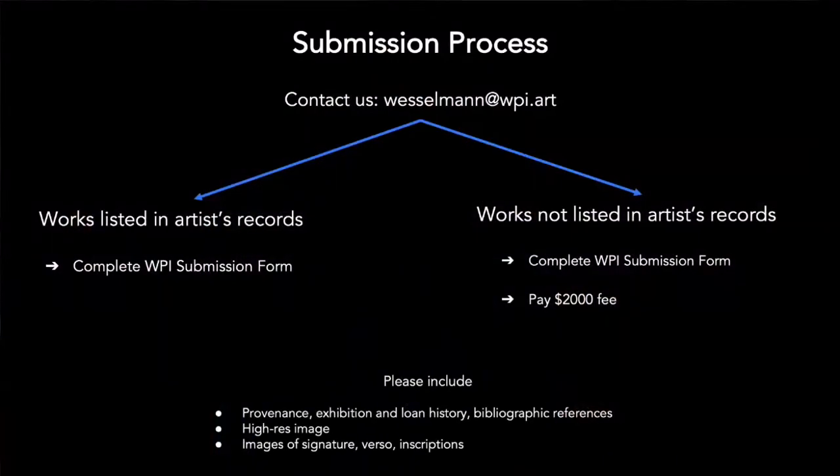So the first step, if you want to submit a work to the WPI Wesselmann project specifically, is to email wesselmann@wpi.art and get in contact with the Wesselmann team. Ideally, if you could send us as much information as you have in that email, it's very helpful to us.